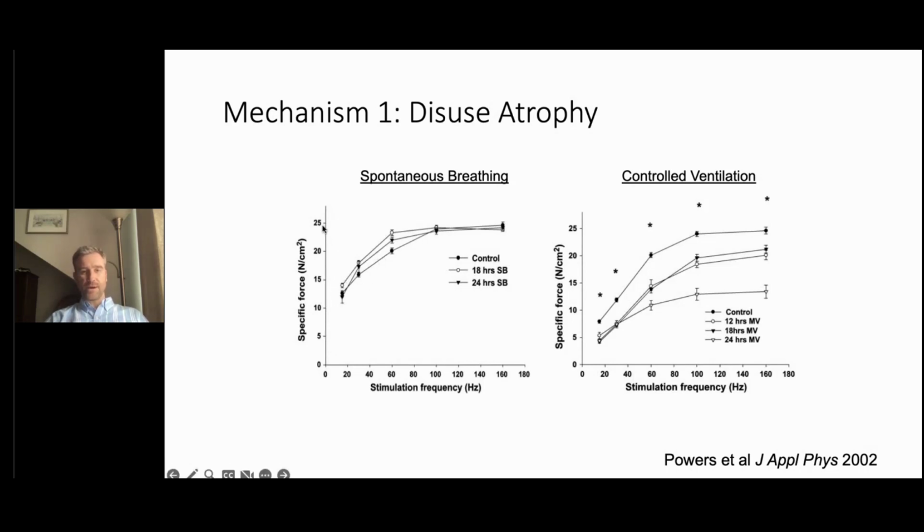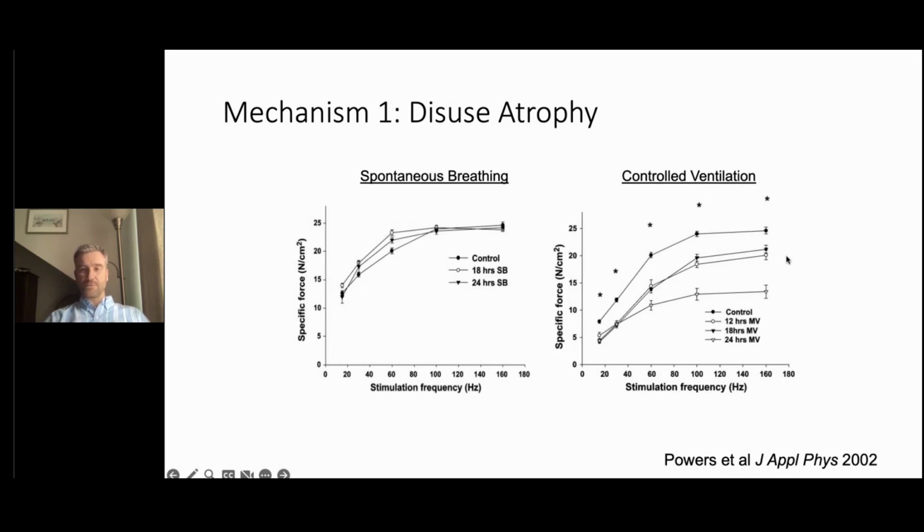So what you have here on the y-axis is the force generated by the diaphragm in response to stimulation, and you have progressive increased stimulation frequency, which generates progressively greater pressures until you reach what is called supramaximality. And supramaximality is basically the way of demonstrating that reductions in force are not related to inadequate stimulation.